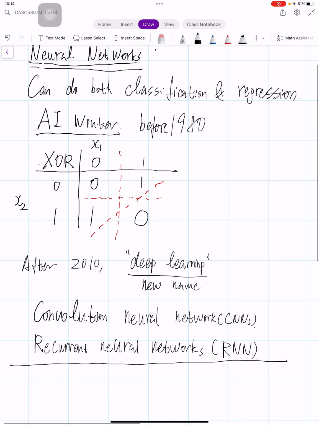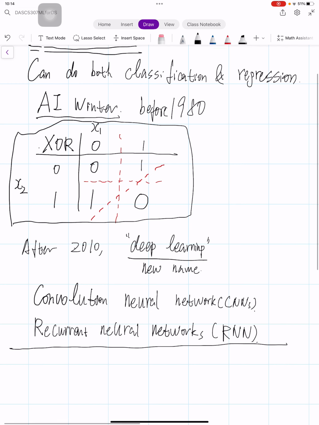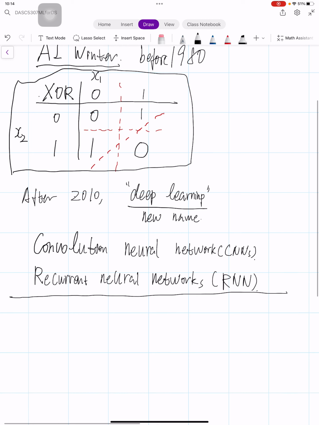Okay, so maybe let's give you some solutions. How do we use a simple neural network to train the classifier like this one, which is not linear?